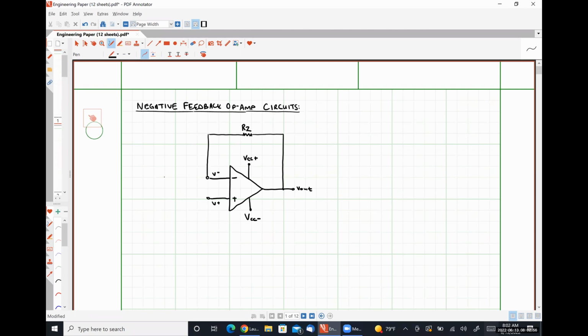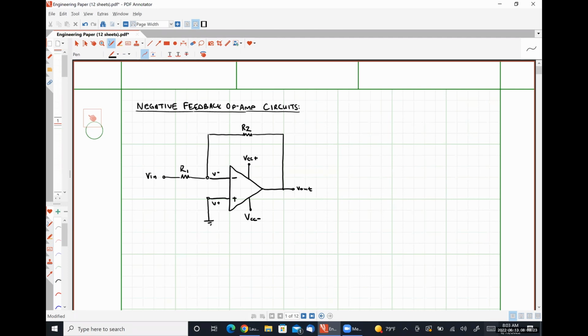We're going to have a resistance R1 between the inverting input terminal and an input signal. And we're going to have our non-inverting input terminal tied to ground.